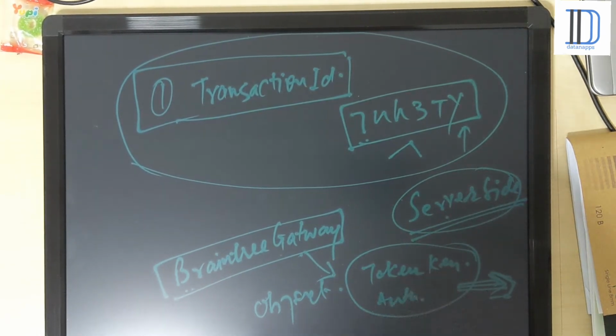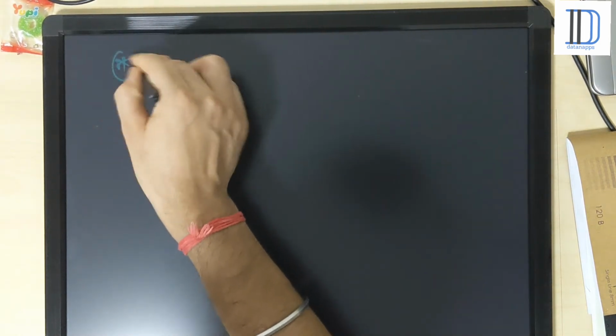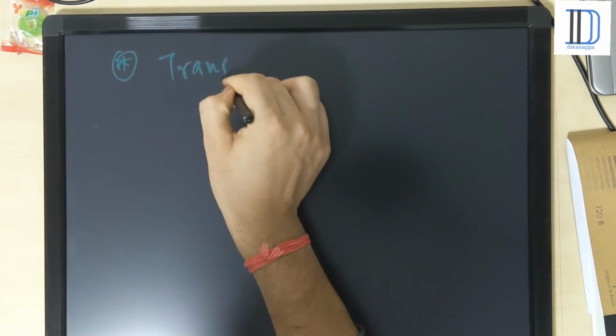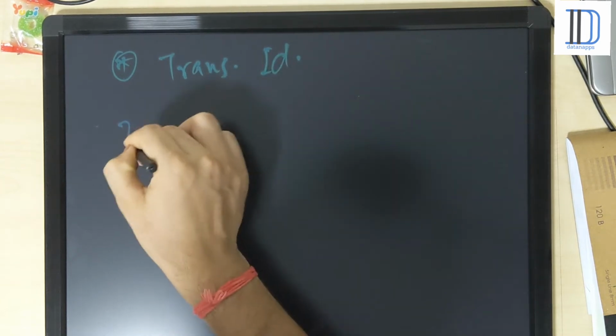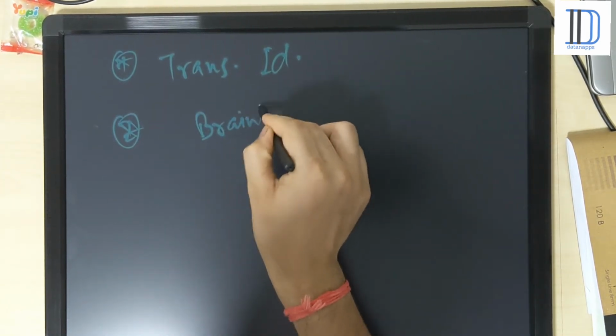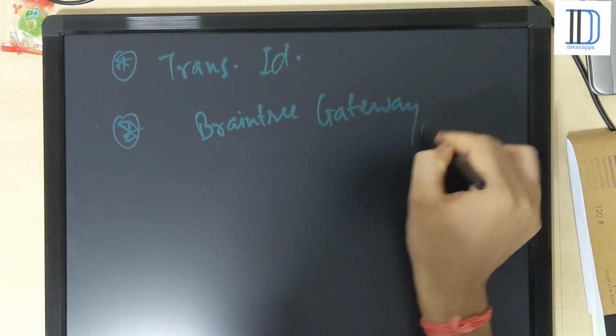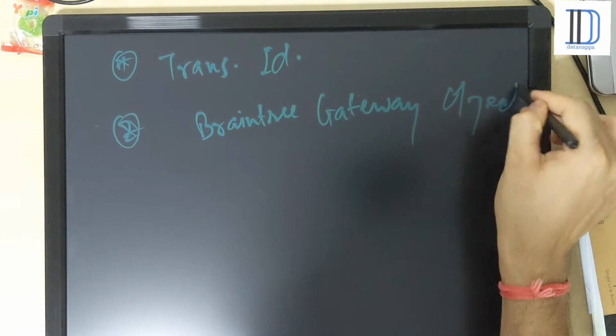So let's see what the method is and how you will get the refund. First, we already have the transaction ID, and second, the Braintree gateway object.